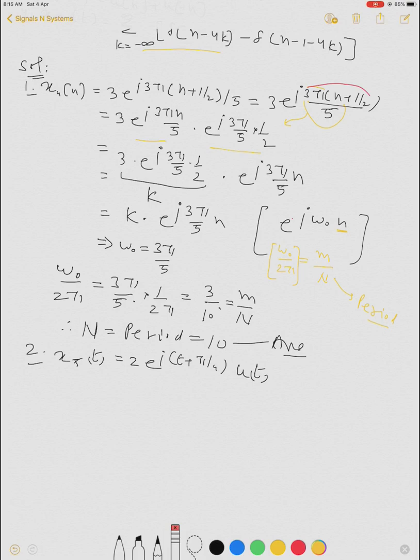For simplicity we are writing this from the definition of u of t.